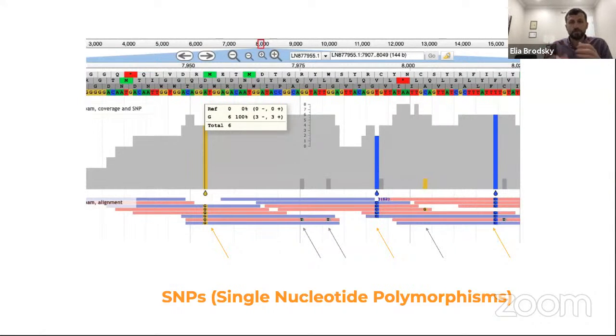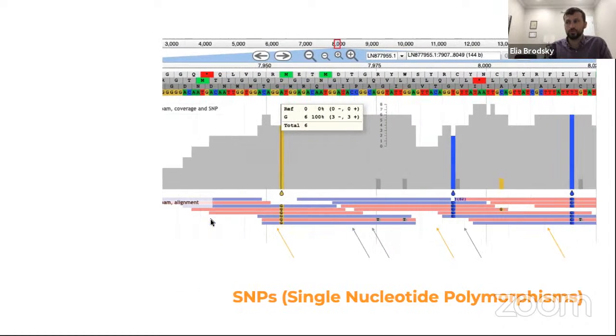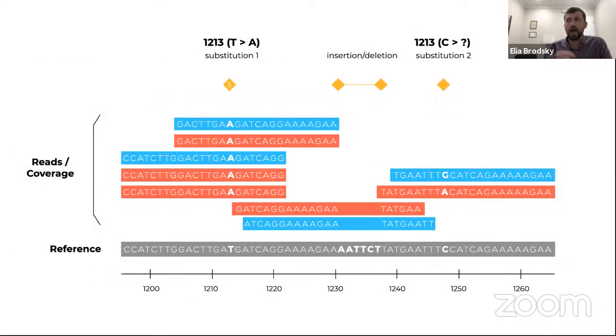Now, importantly, this type of analysis is based on alignment of reads to the reference genome. This is an example of a single sample. The single sample is aligned to the reference genome. And if it is aligned to the reference genome, we can very confidently identify some changes because they are present in multiple reads. If they are present in all of the reads, we will have high confidence.